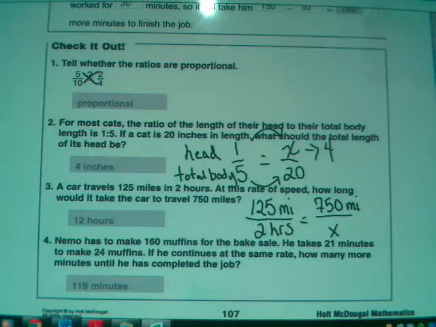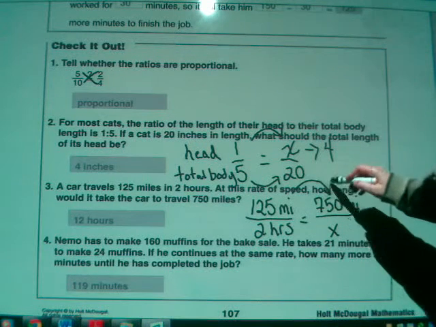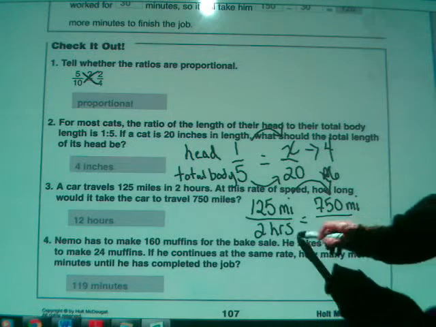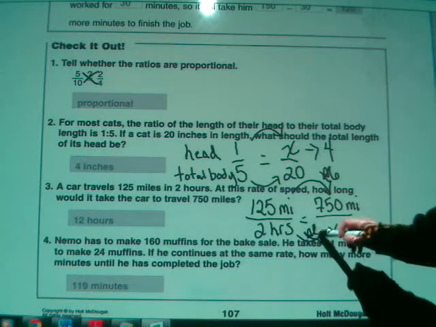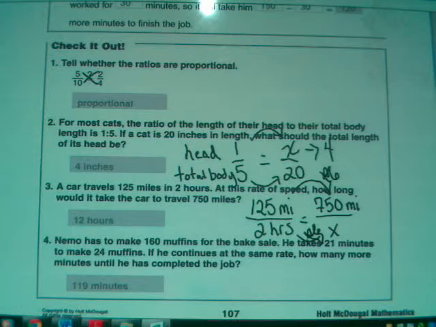Now, we can use the technique we just saw in the last question here, because on the top, to go from 125 to 750, we'd be multiplying by 6. So I'm going to multiply on the bottom by 6 as well. And 2 times 6, that's going to give me 12. And that doesn't surprise us because our answer over there does indeed say 12.